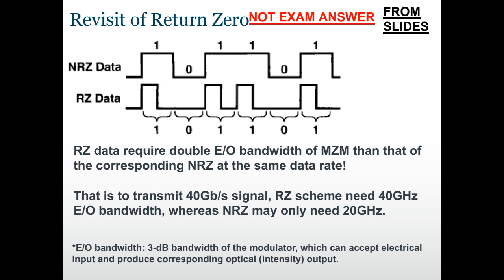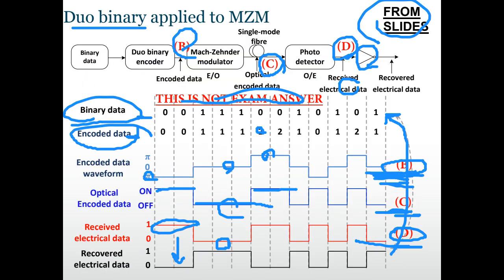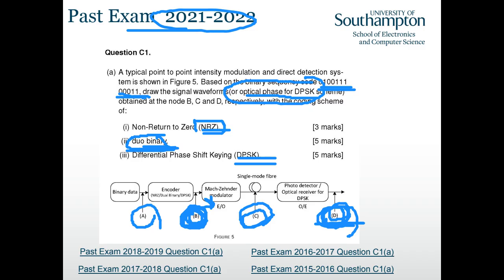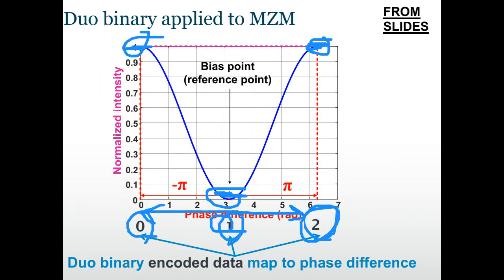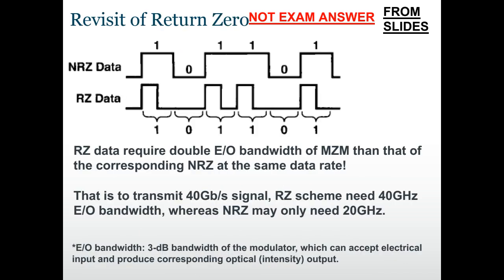And one last coding scheme we haven't said is NRZ. So NRZ is very simple. We only have high for 1, low for 0, high for 1, high for 1, and low for 0.